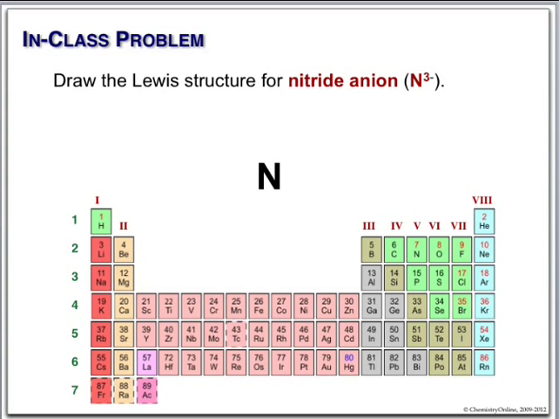Group 5, so we have 5 electrons, 2 of them are going to be paired, and 3 by themselves. To make the trianion, all we have to do is add 3 more. And we have all of the electrons. The p orbitals are all full.